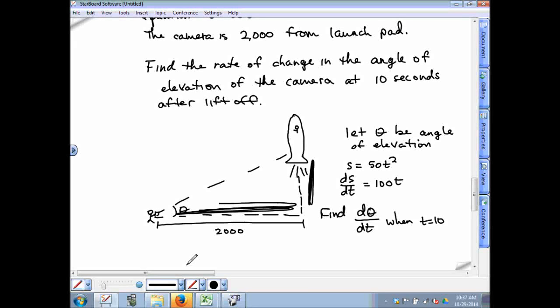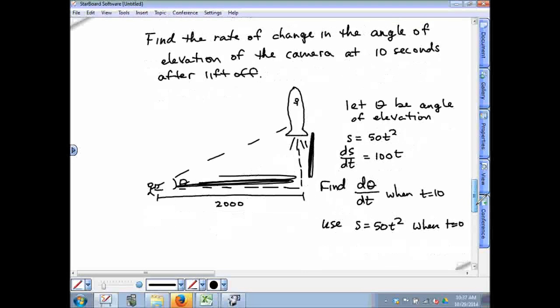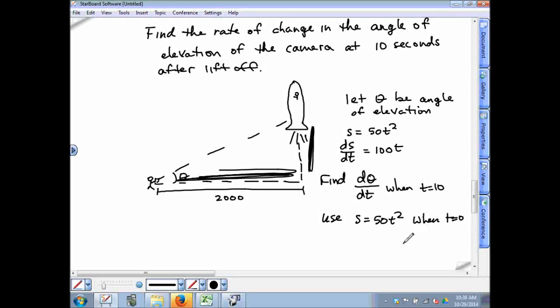We have the position function, not the height. Well, I guess we could use the velocity, but we have the position function, don't we? So use s equals 50t squared when t equals 10 to find the position of the rocket after 10 seconds.